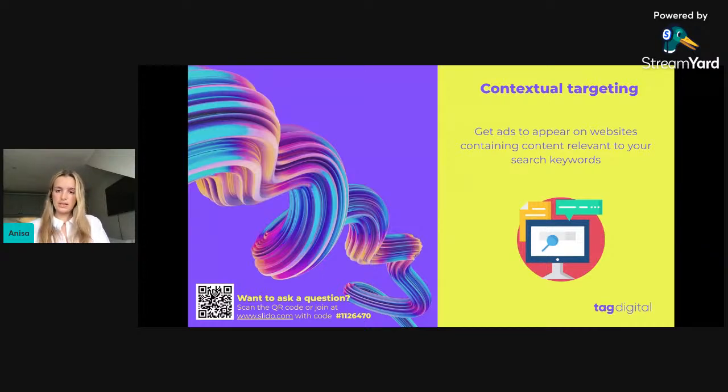So the first one is contextual targeting, and this can be used when we want our ads to appear on websites that have content that includes specific keywords that we're targeting. So for example, if we're advertising your construction event, we would use the keyword construction to make sure the ads appear on sites about construction, meaning that we can reach a relevant audience to your event industry.